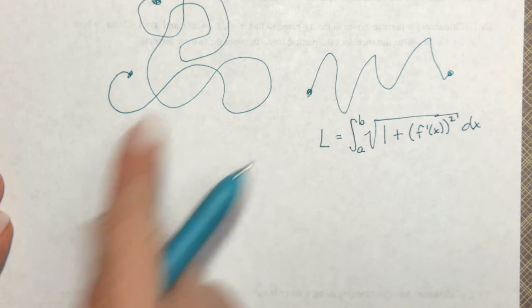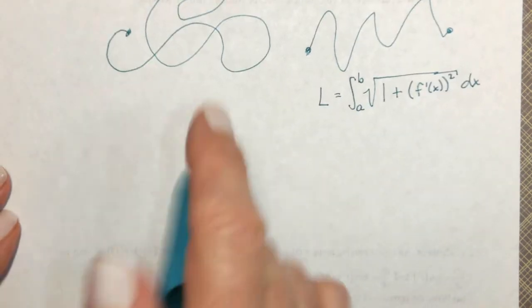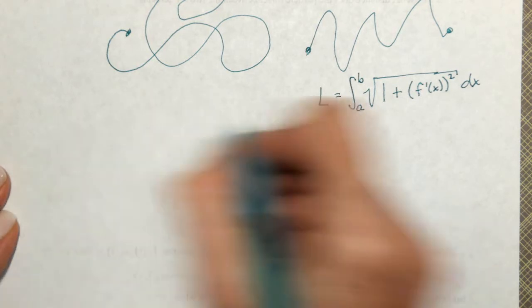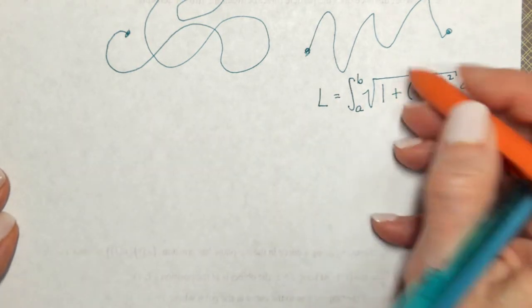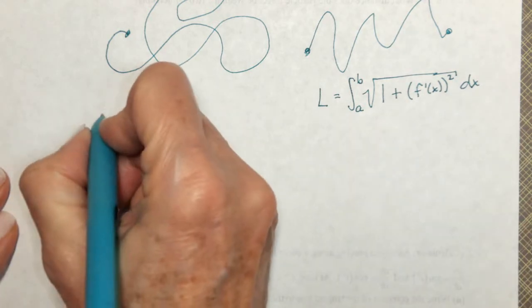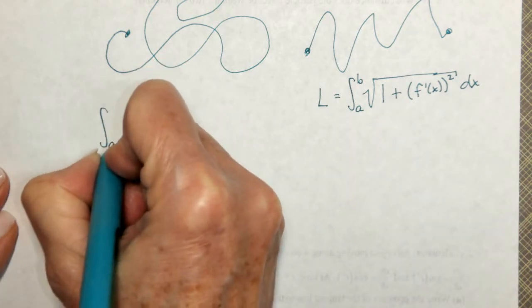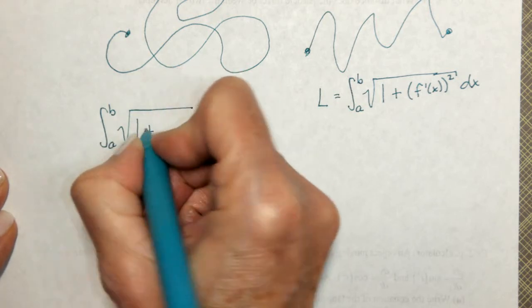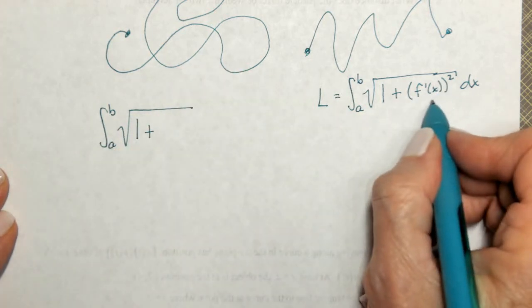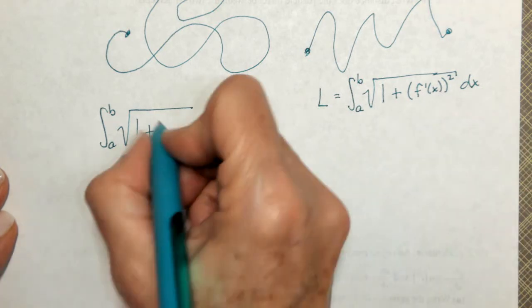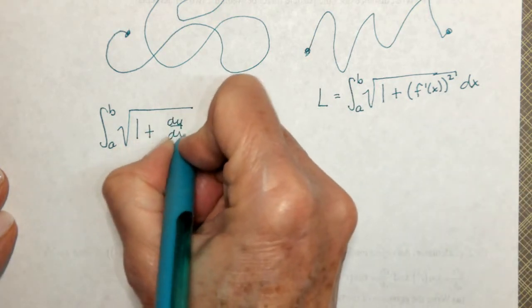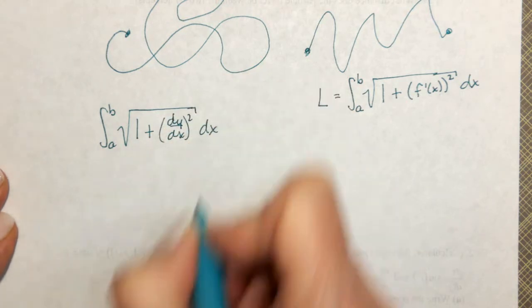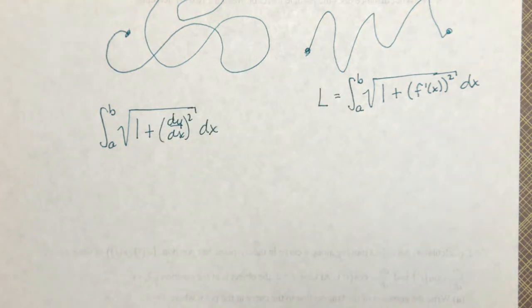Now we want the length of this curve. So I'm going to take what we just found. This is going to be the integral from a to b of the square root of 1 plus f prime squared. F prime is dy/dx. And when we derived it, that's what we used, was dy/dx.